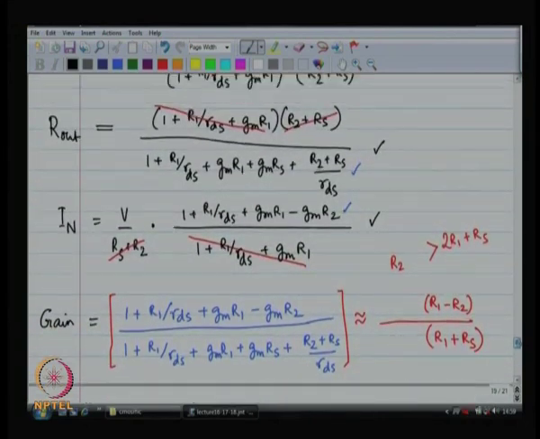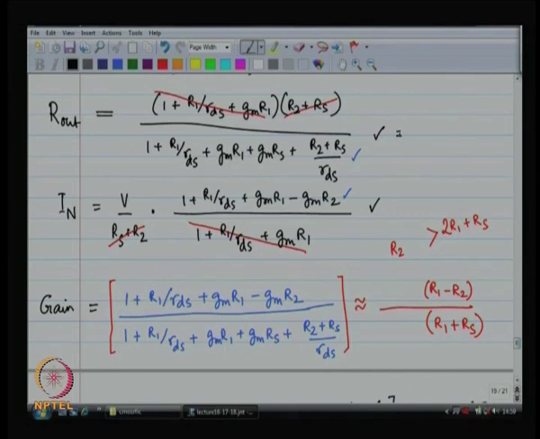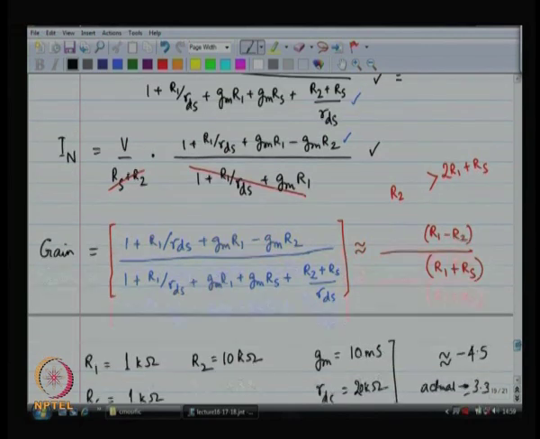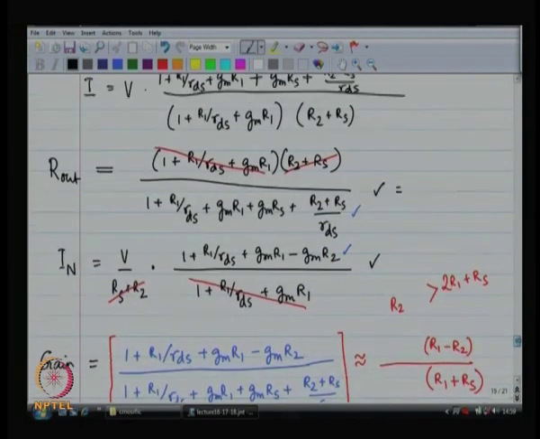What would happen to R out? What is R out over here with my numbers? R1 is 1K, R2 is 10K. So R out would be 1 plus R1 by RDS is about 0.5 plus GM times R1 is factor of 10 times GM was 10 millisiemens, R1 was 1 kilo ohm, R2 plus RS is 11K.